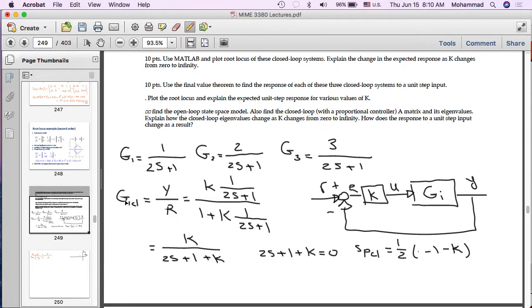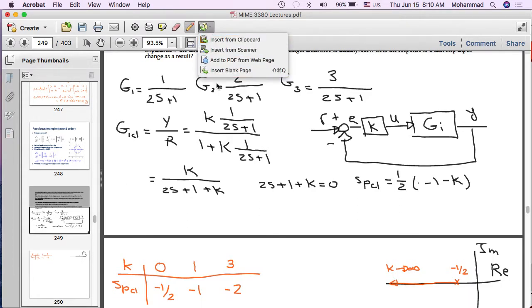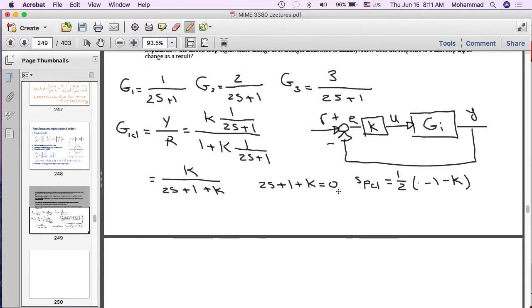The difference is in the, so let's do a quick calculation for g2, for example. If you repeat this step of finding the closed loop transfer function for g2, so g2 closed loop, which is y over r, would be k times 2 over 2s plus 1, over 1 plus k times 2 over 2s plus 1. So 2s plus 1 can become the common denominator again.